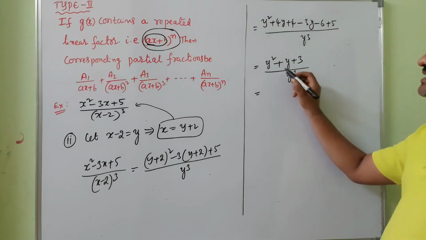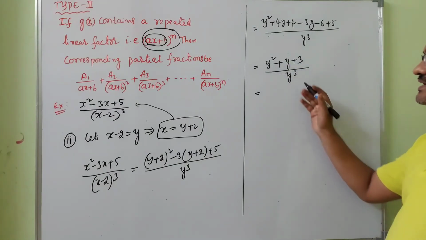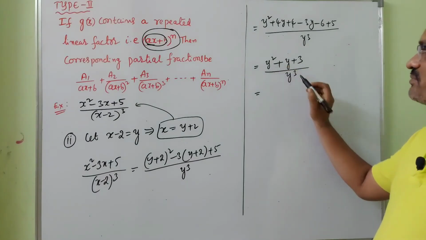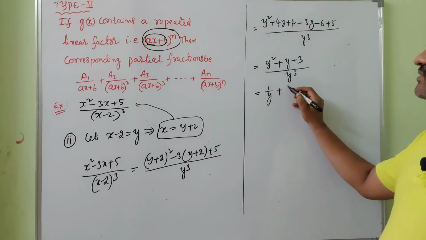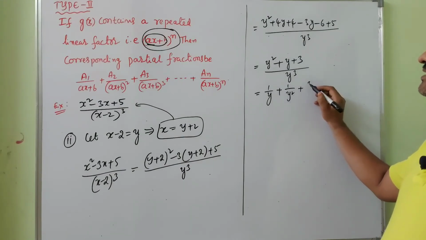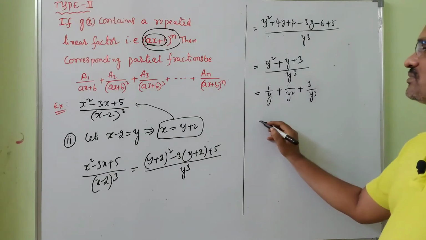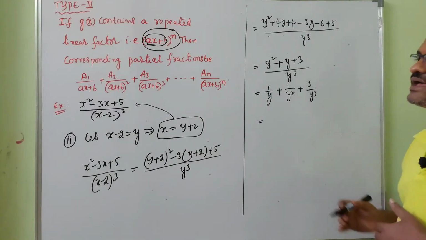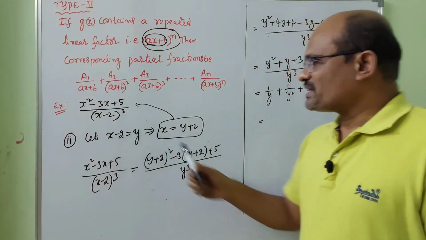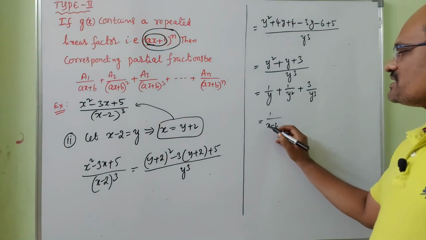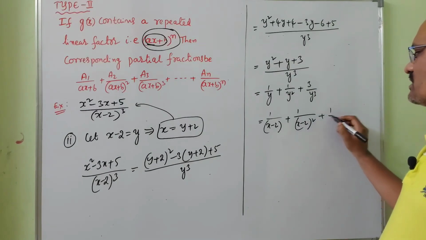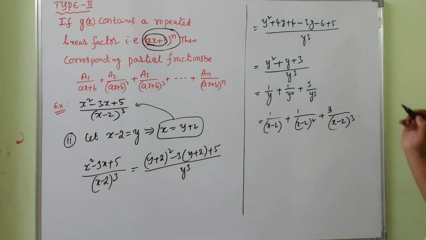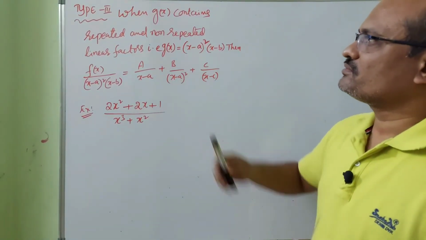This denominator y cube is for all the three terms. y square by y cube is 1 by y. y by y cube is 1 by y square. Last, 3 by y cube. At the end you replace y with x minus 2. 1 by (x minus 2) plus 1 by (x minus 2) whole square plus 3 by (x minus 2) whole cube.